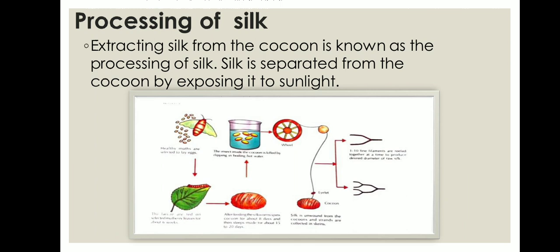As we know, the rearing of silkworms for the production of silk is called sericulture. It involves different steps, like in the given picture, so you come to know well. First, the silkworm eggs are washed and put in conditions which enable them to hatch.